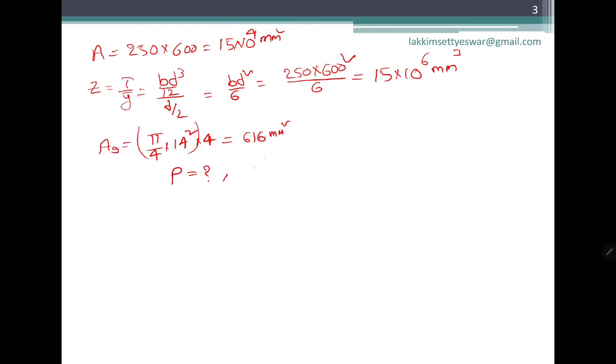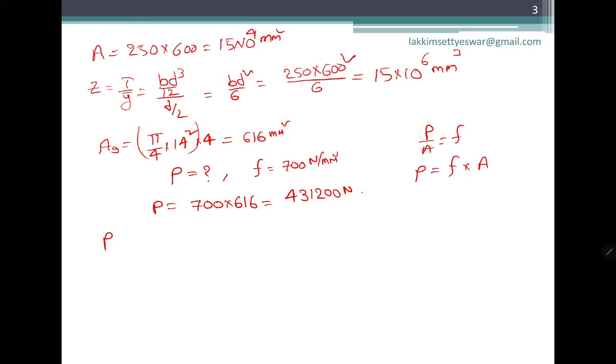In the given data he mentioned pre-stress, that is 700 Newton per mm square. So P by A is equal to stress. We need to calculate pre-stressing force. So pre-stressing force is equal to 700 into 616, that equal to 431,200 Newton.